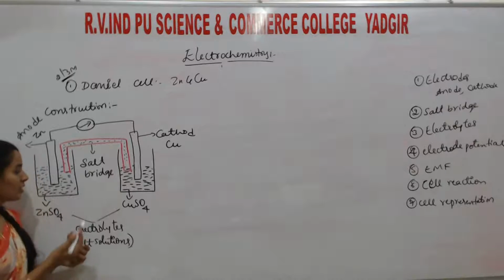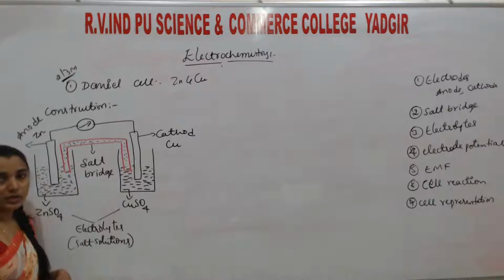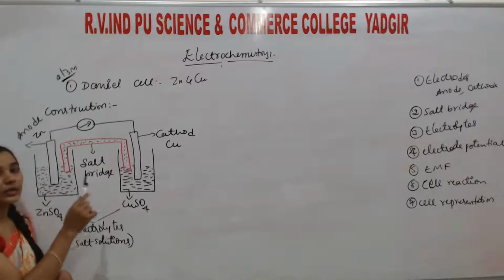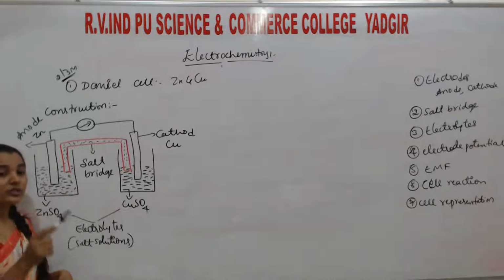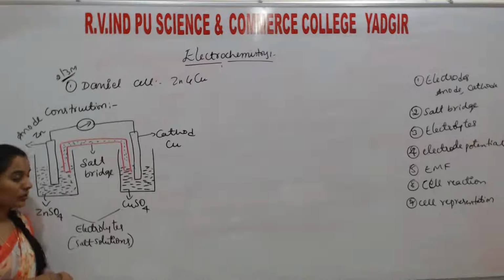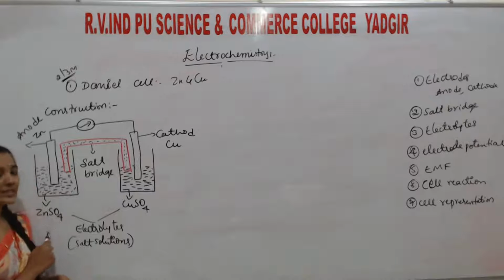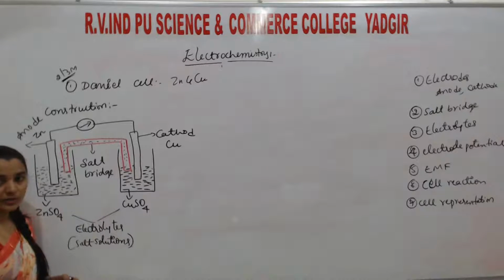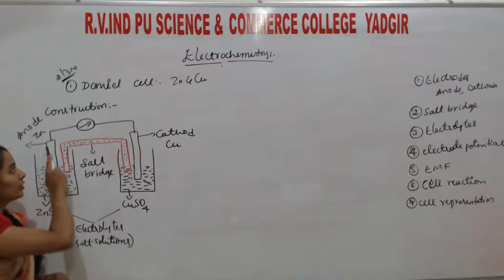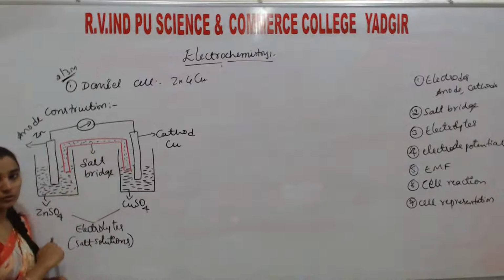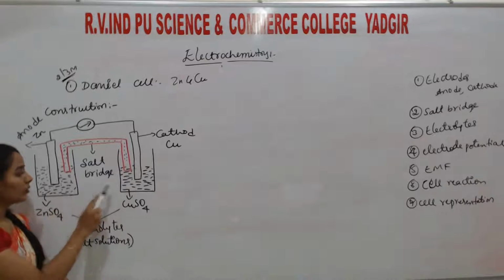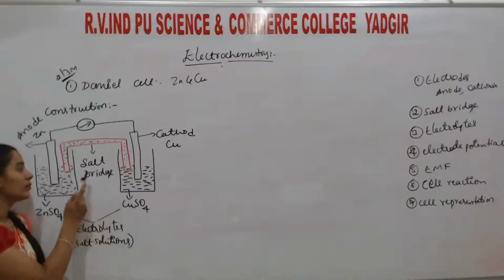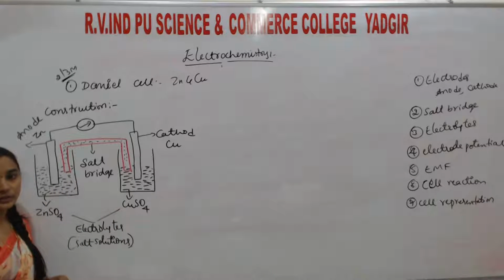So zinc and copper electrodes, acting as anode and cathode respectively, are dipped in their respective salt solutions, zinc sulfate and copper sulfate. They are connected to the external circuit, and the electrolytes are interconnected by a salt bridge.